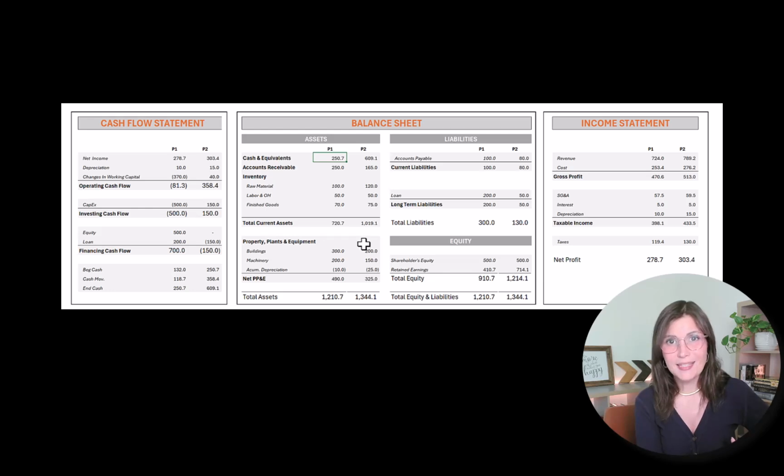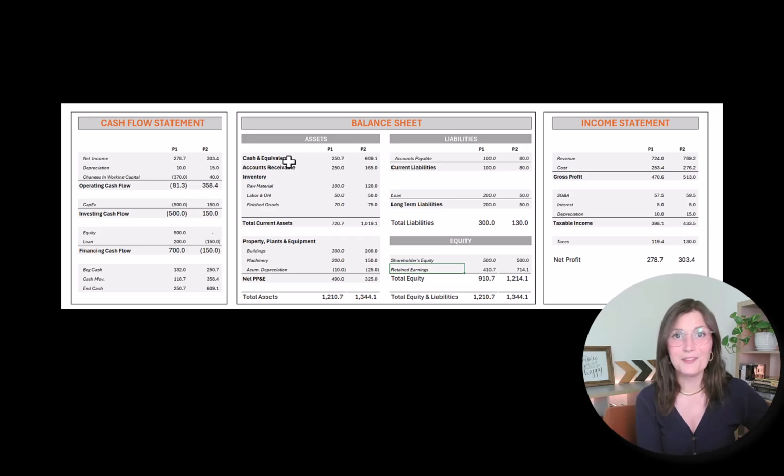That's what we see there in the first line of my assets. So, did I prove to you that everything that happens in those statements happens in the balance sheet? Everything that happens in the income statement affects directly the retained earnings, which affects the equity, and everything that happens in the cash flow statement affects directly the assets. So it goes straight to my cash line in the balance sheet.